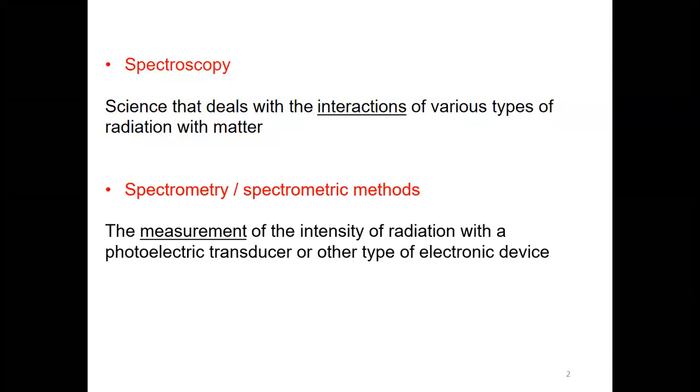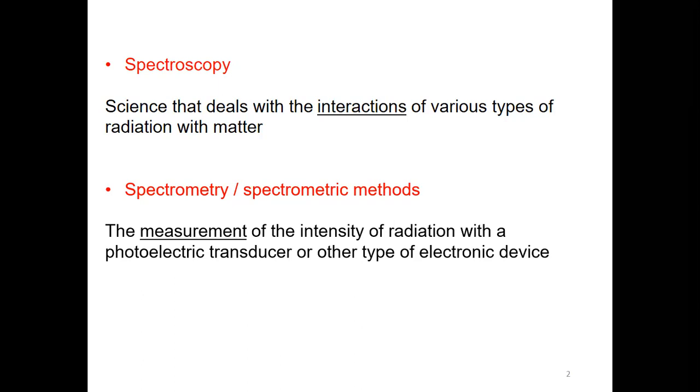What are the interactions? And in the spectrometric method, we measure. So it is the measurement of the intensity of radiation with a phototransducer or other type of electronic device. In spectroscopy, we analyze or study the interactions of various types of radiation with matter.